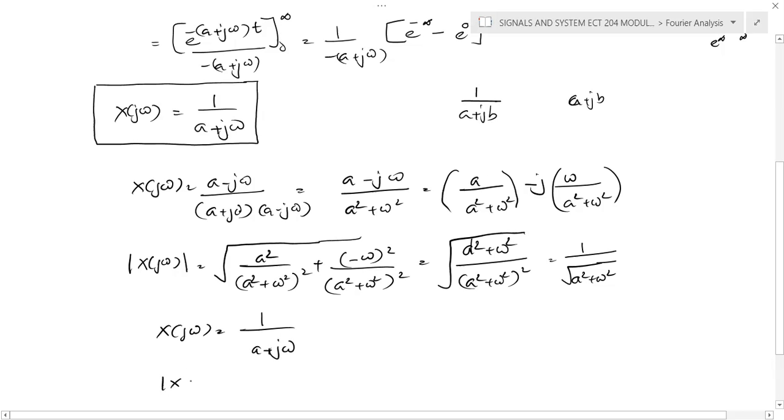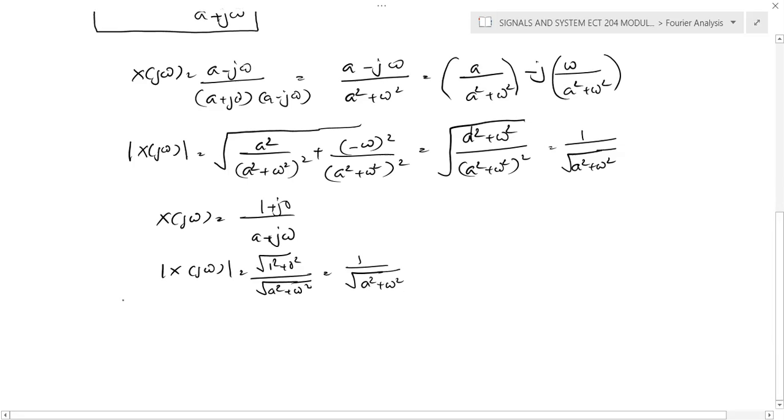If you want to find the modulus, take the modulus of the numerator. The numerator is 1 plus j 0 simply. So it's simply root of 1 square plus 0 square divided by root of a square plus omega square. So you'll get 1 by root of a square plus omega square.